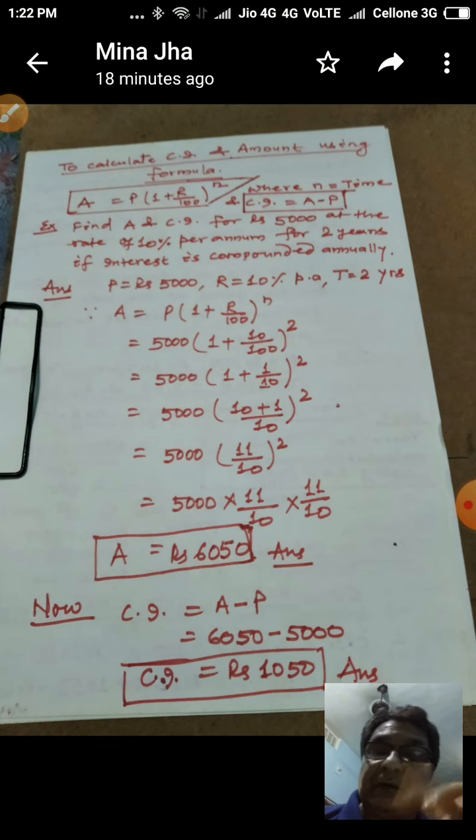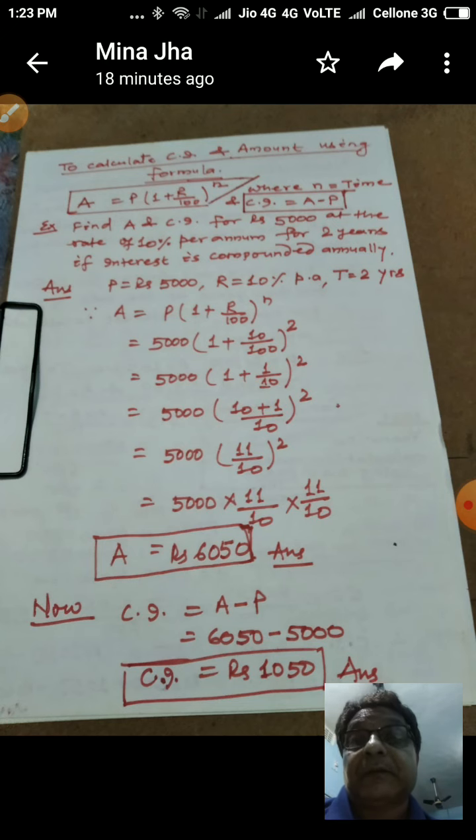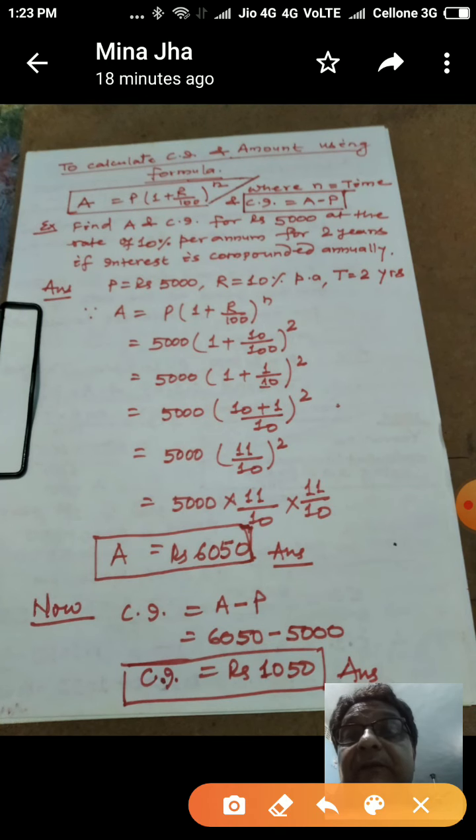So here the question is again the same, that we have to find compound interest and amount for rupees 5,000 at the rate of 10% per annum for 2 years. For this you will recall one formula, that is the formula for amount.